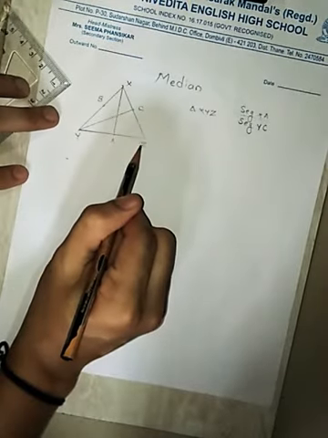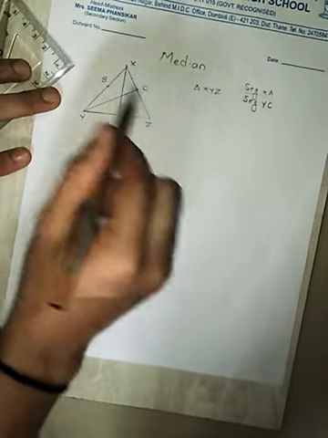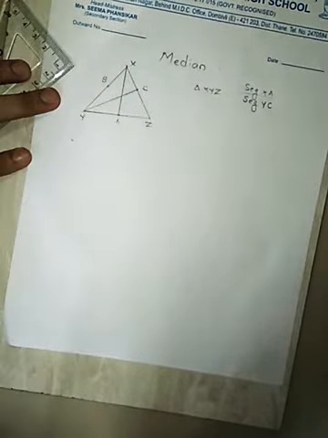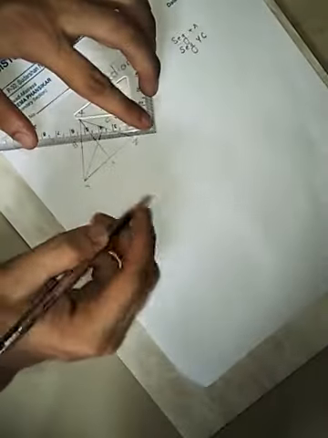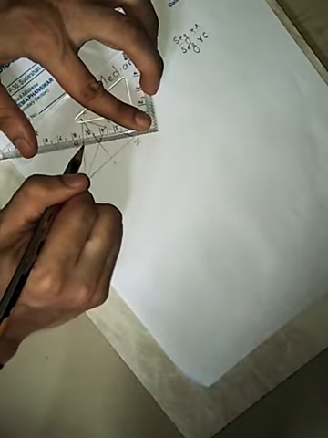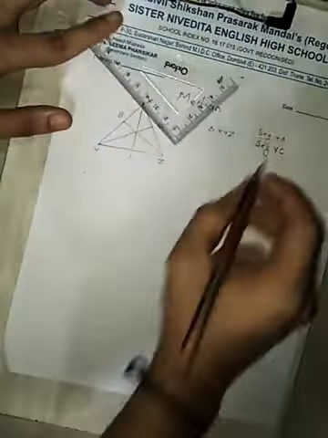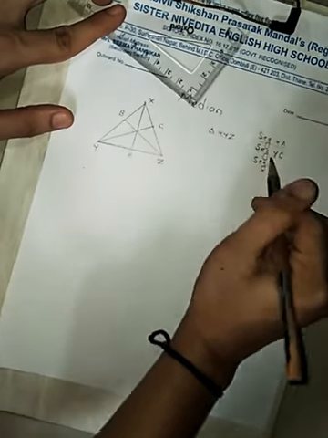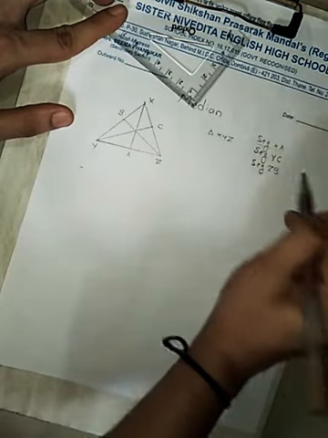Now let's take point Z. The opposite of Z is segment XY. So let me join the midpoint of XY, which is B, to Z. So here I got the third median, which I call segment ZB.